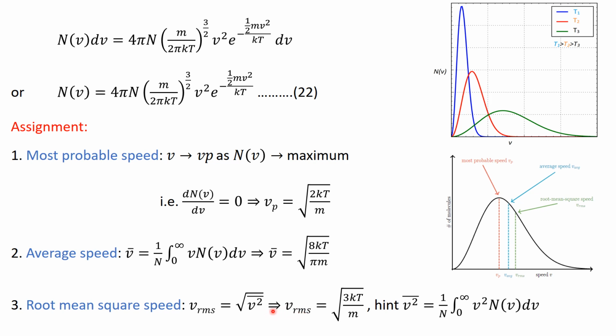So you find the square average, which is exactly like this one, but with v square put here. So the square average is equal to the integral of v square n(V). You solve this integral and simplify the calculations, and you will get this relation.